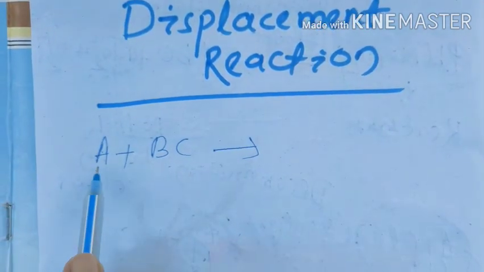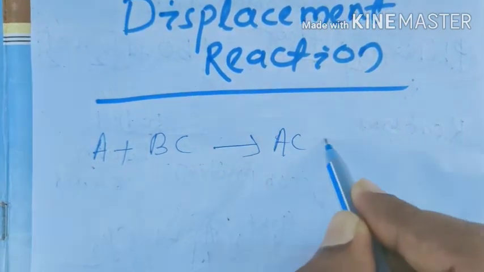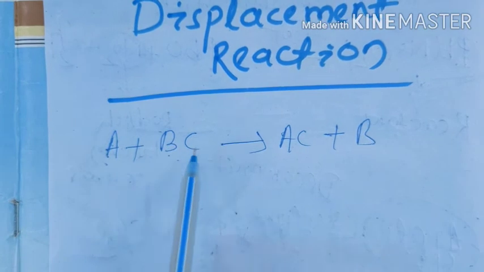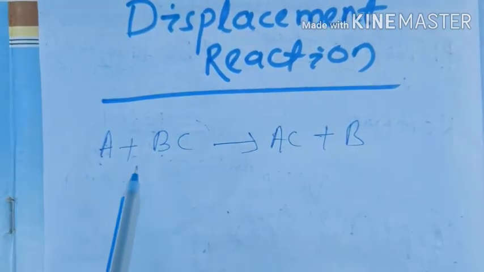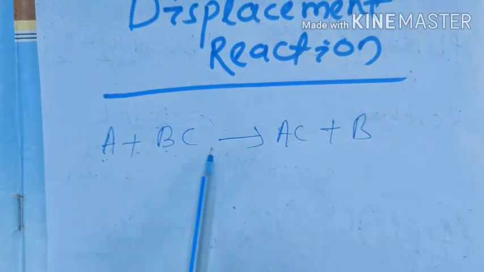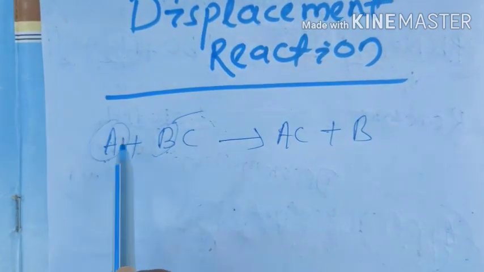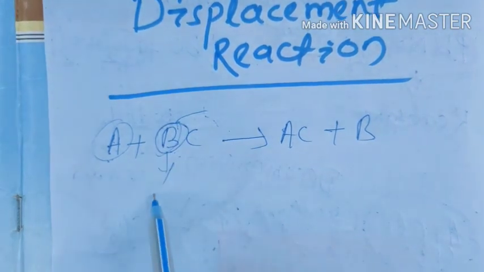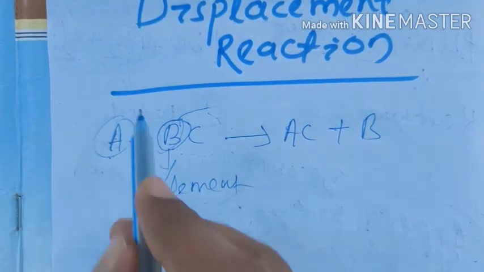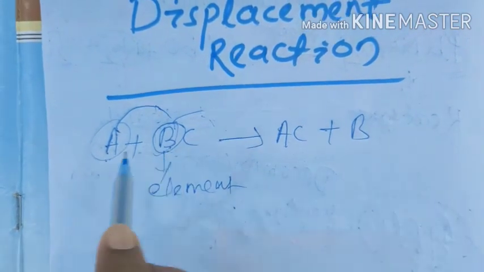When two reactants are involved, they convert into two products, AC and B. Look, A is a reactant, BC is also a reactant, but when they combine with each other, A takes the place of B. So here B is displaced by A. One element or atom is displaced by another element or atom. On the product side, B is displaced by A.